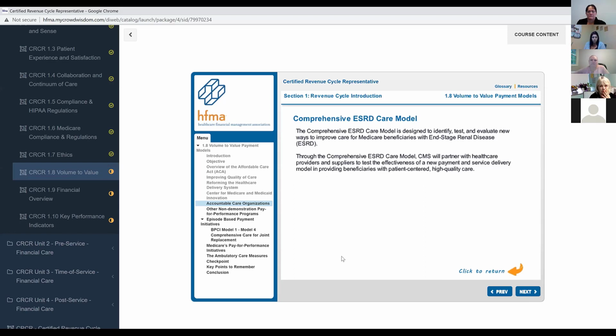Other non-demonstration programs. Okay, so other pay for performance programs, you have your hospital readmission reduction program.